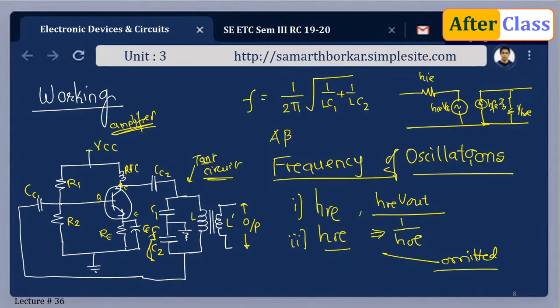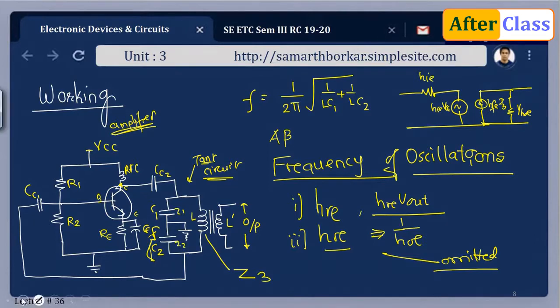and with these assumptions let us draw the equivalent diagram. For the equivalent diagram, let us mark these as Z3, Z1 and Z2.